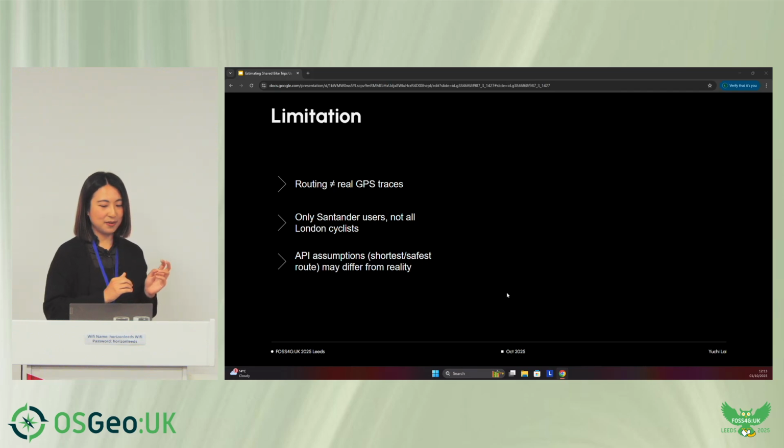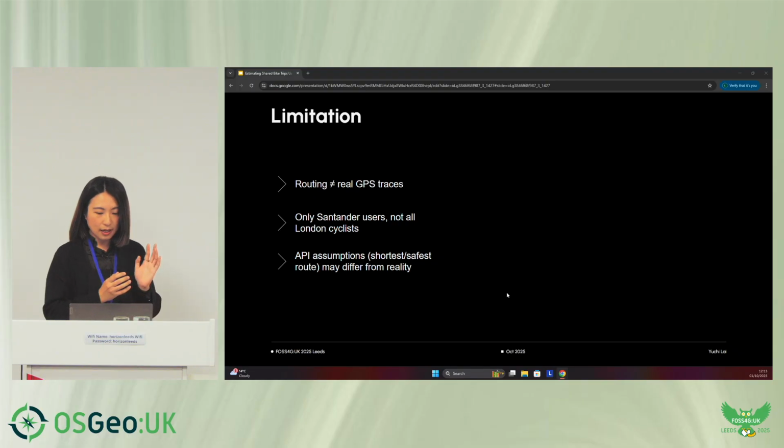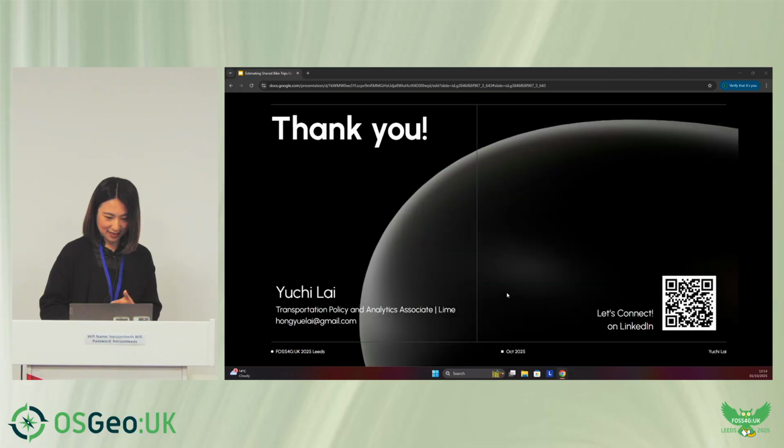Another one is the routing API, similar to the first one, which relies on assumptions like the shortest path, so it might not exactly match what the riders actually choose. So the result is not absolutely true.